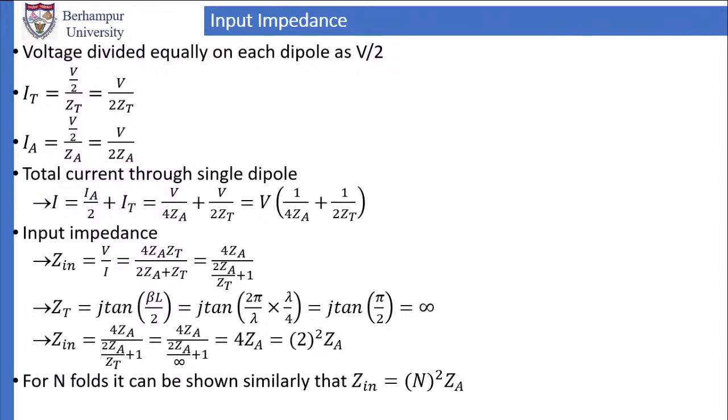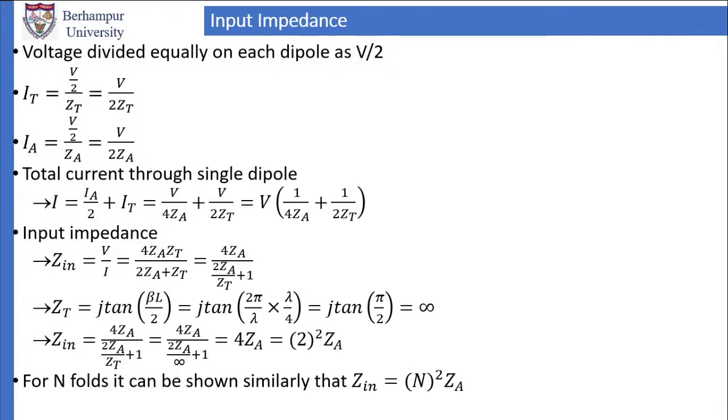IT is transmission line mode. That current is constant. So I is equal to IA by 2 plus IT. IA by 2 is equal to V by 4 ZA plus IT is equal to V by 2 ZT. Now take V common. So V into 1 by 4 ZA plus 1 by 2 ZT.